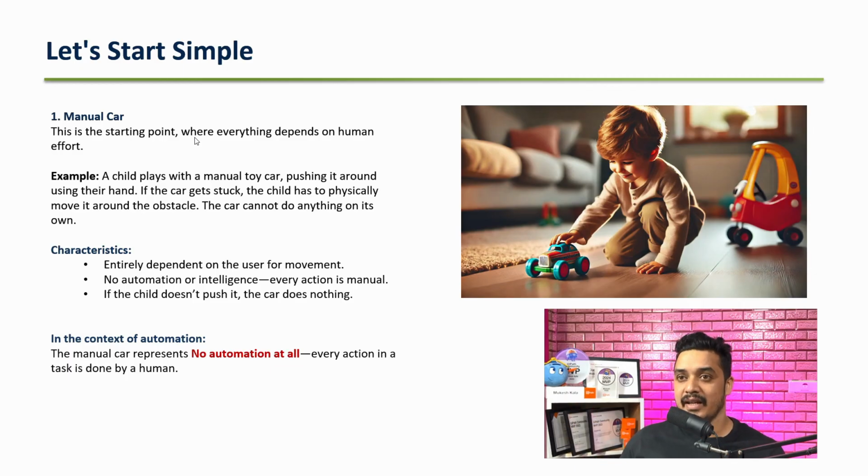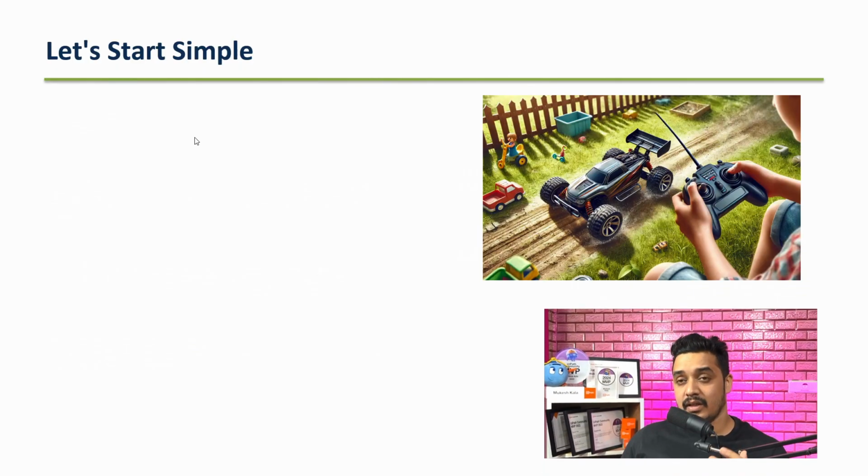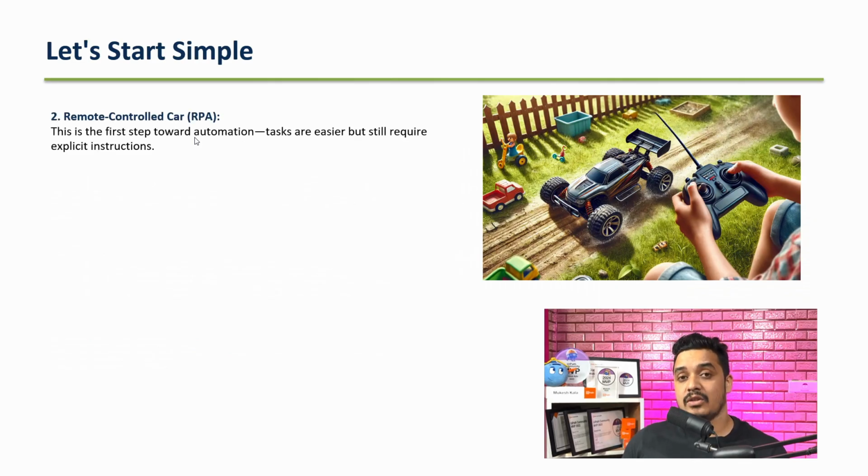Okay, next. Someday, the kid understands that there is a problem. Every time I have to move this car, I have to move it myself. So there should be a better way. What happens is the kid gets something called a remote control car. You can relate this to RPA, which is robotic process automation.